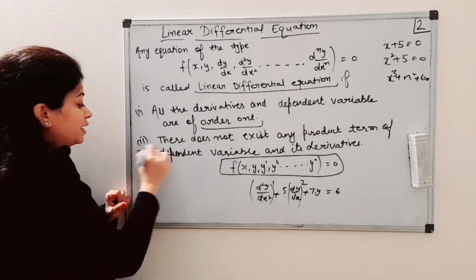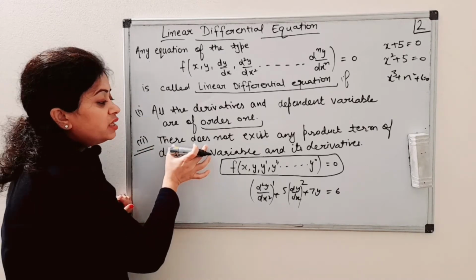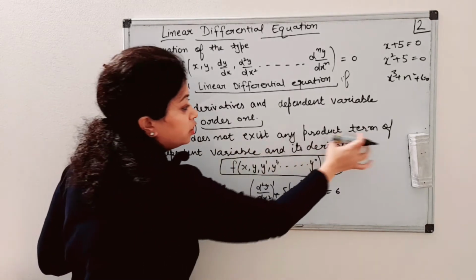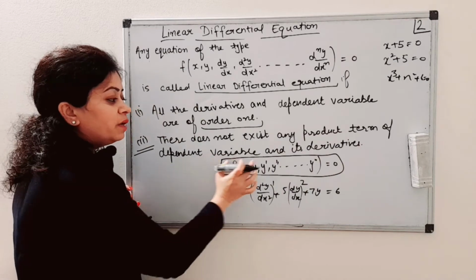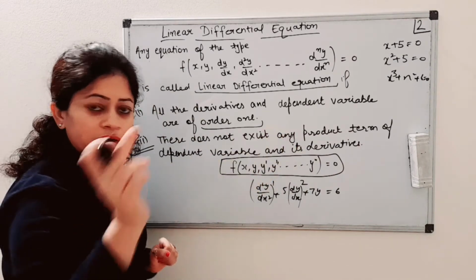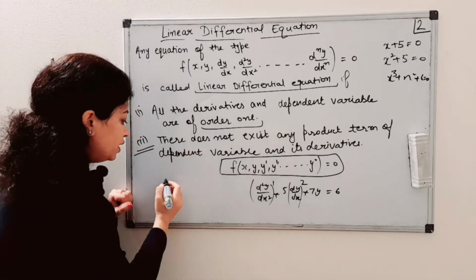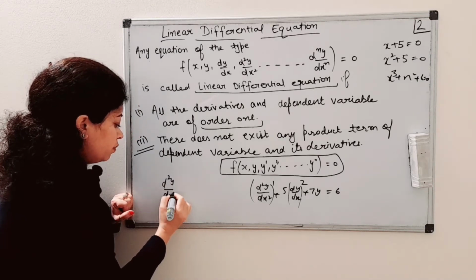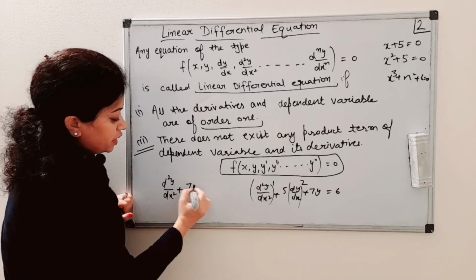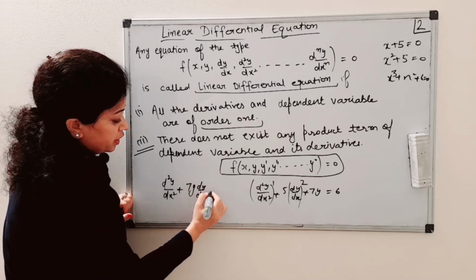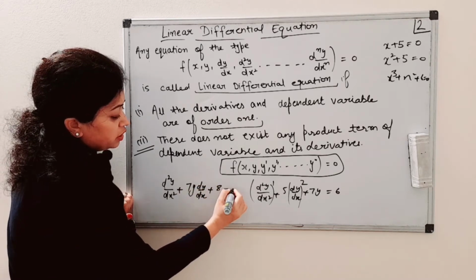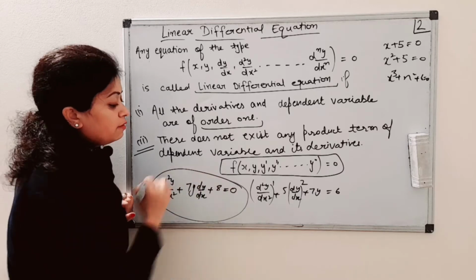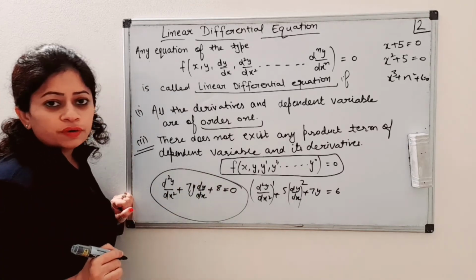And the second condition is there does not exist any product term of the dependent variable and its derivative. What does it want to say? Suppose we have d2y/dx2 plus 7y dy/dx plus 8 equal to 0. We have this differential equation.